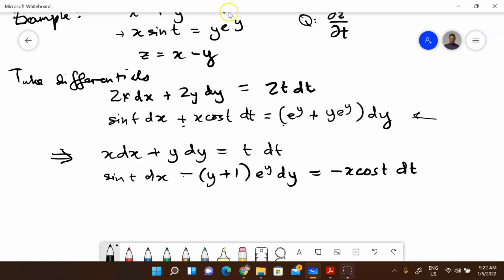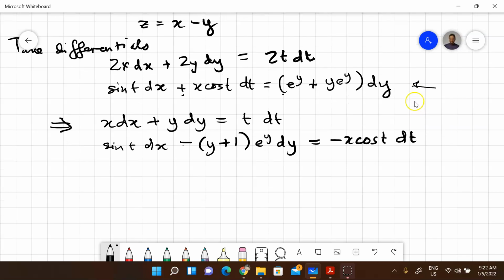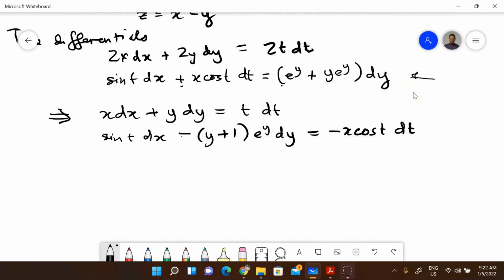Now, again, what do we have here? Well, you can think of this as a matrix.